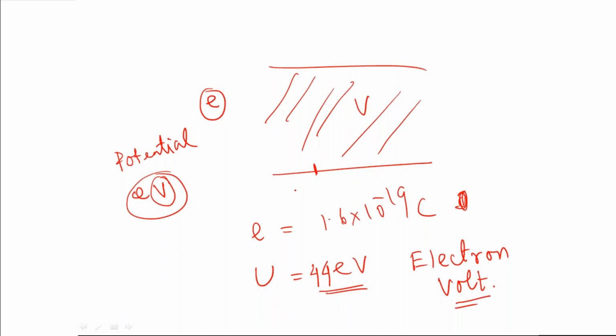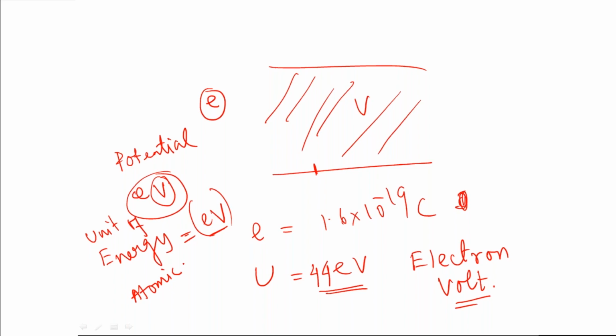This is electron volt, denoted by small e multiplied with capital V, and this unit will be used in atomic physics, atomic or molecular spectra. Or it is simply electron volt or milli electron volt.